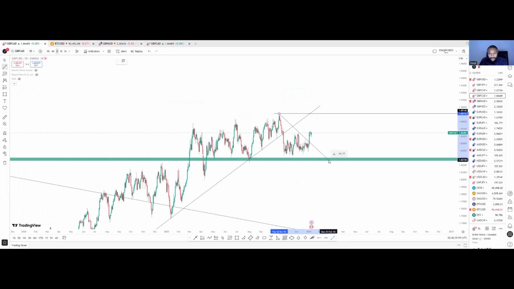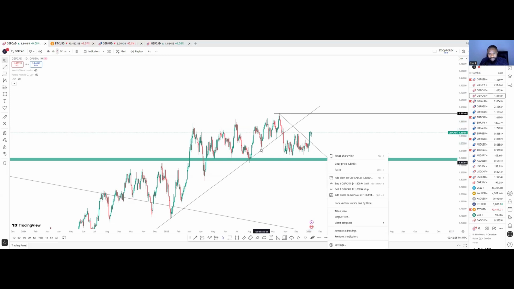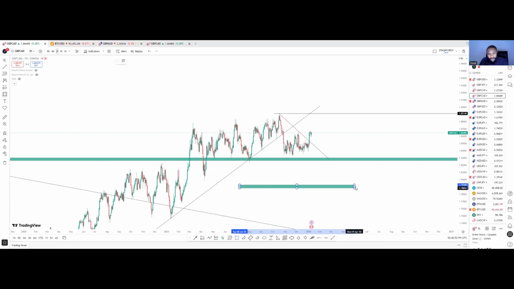I have a counter trend line, then it was broken. That means for me, I am still bullish on the GBPCAD. What I'll be expecting now, I'll mark out this resistance that turned into support. So if we are trading, we'll have a trading opportunity from this zone to this zone. This is where I will be trading, from here to here.